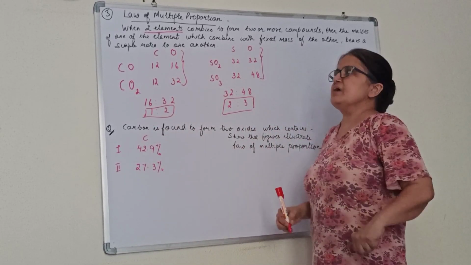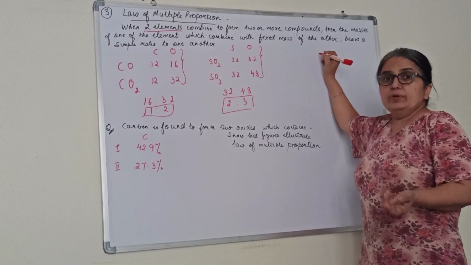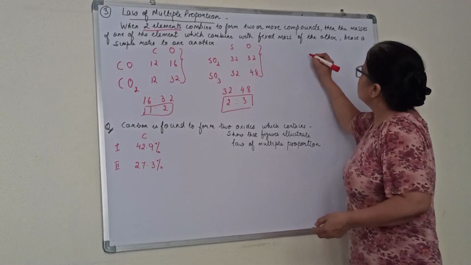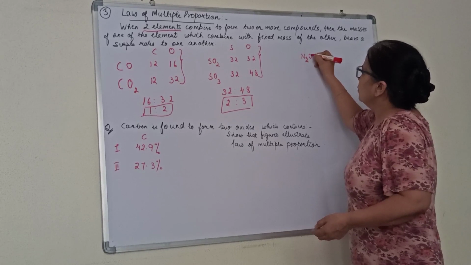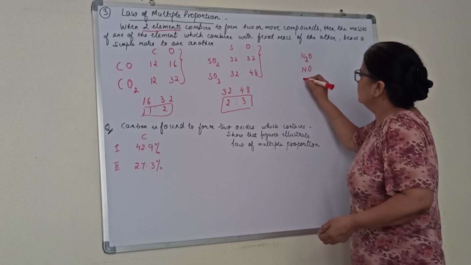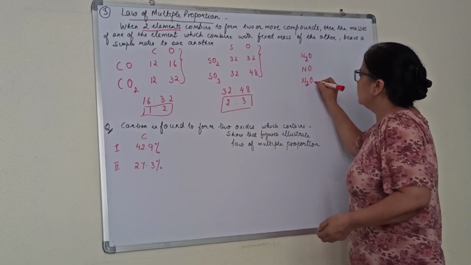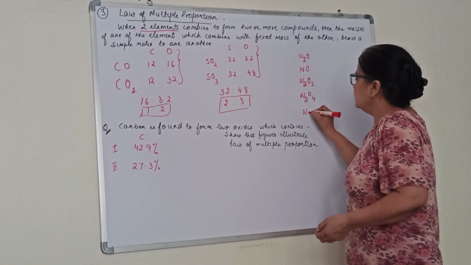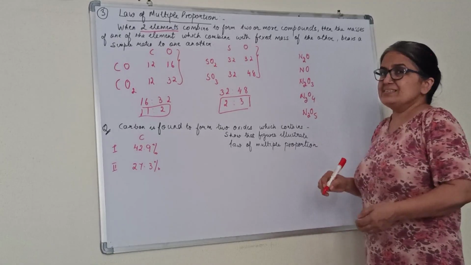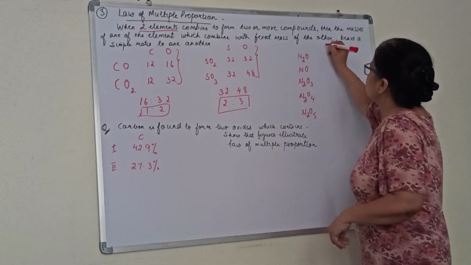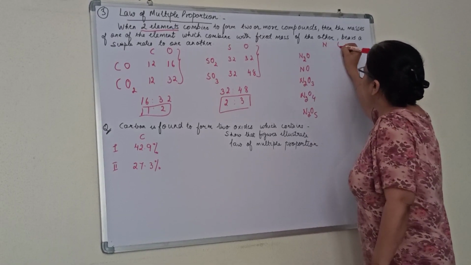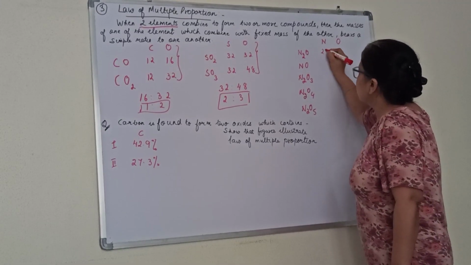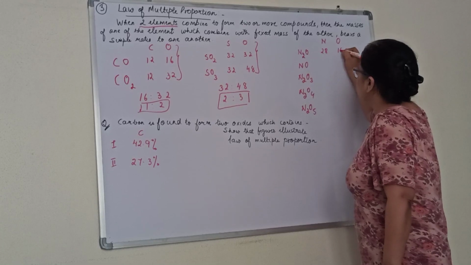Let's take one more example, of nitrogen, which forms plenty of oxides. It forms N2O, NO, N2O3, N2O4 and N2O5. Let us see how much nitrogen and oxygen is there in it. Nitrogen is 14 into 2, that is 28, and oxygen is 16.